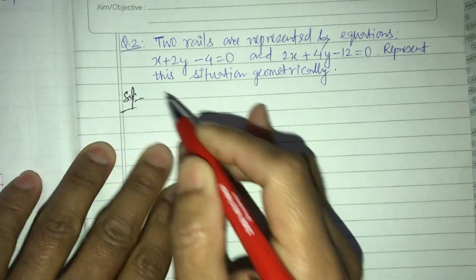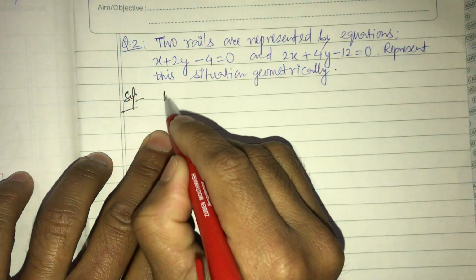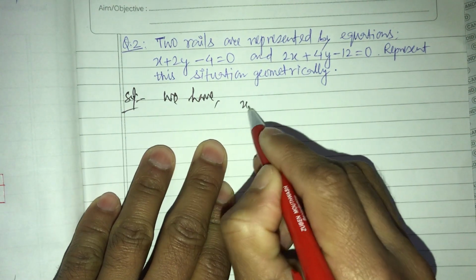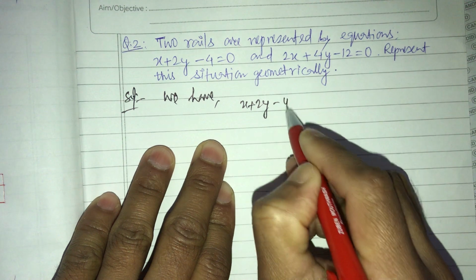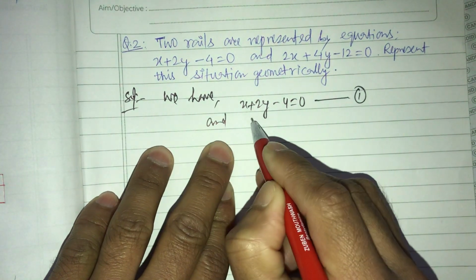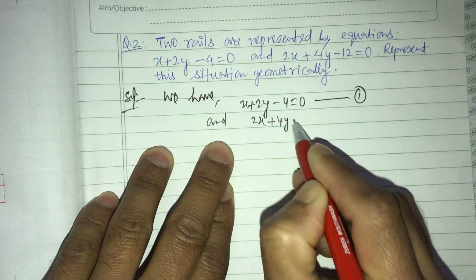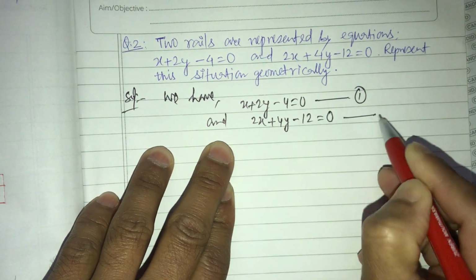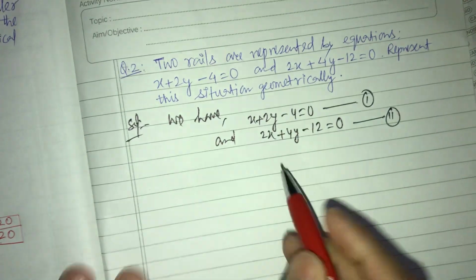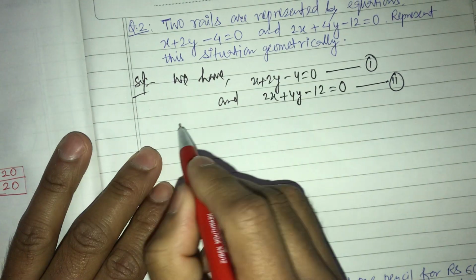Solution. So here we have what's already given. We don't need to assume anything. x plus 2y minus 4 equal to 0, this is equation 1. And 2x plus 4y minus 12 equal to 0, equation number 2. So both the equations are there. Let's start with the first equation to get the table.